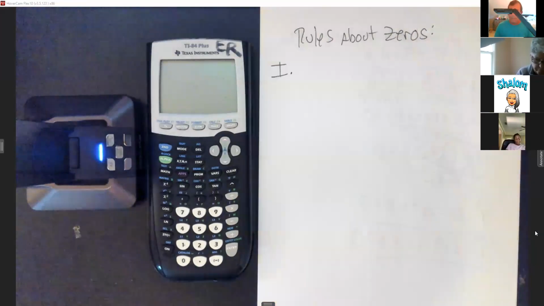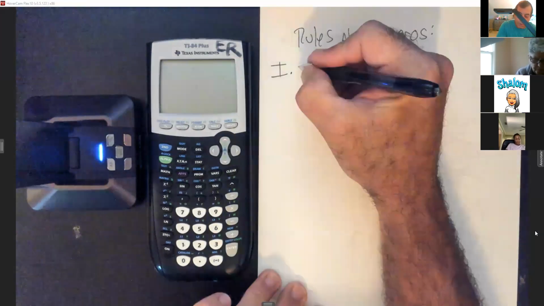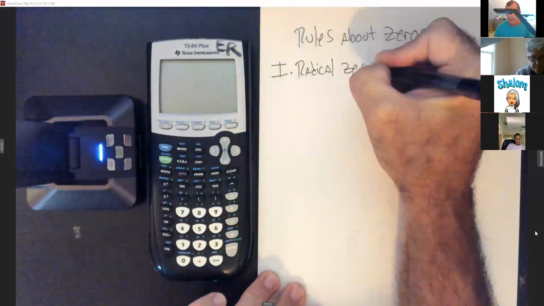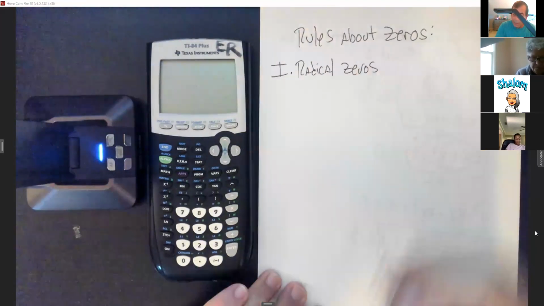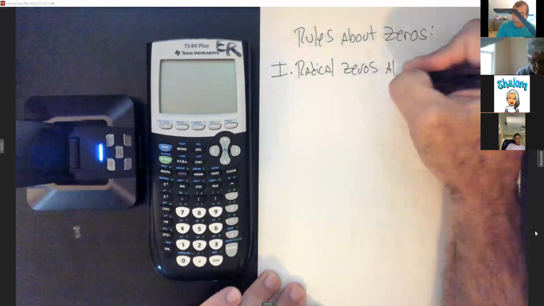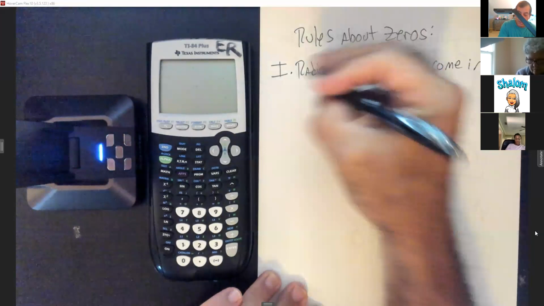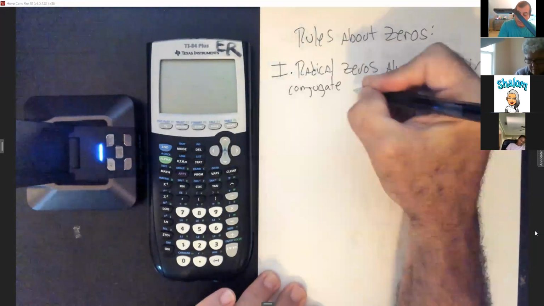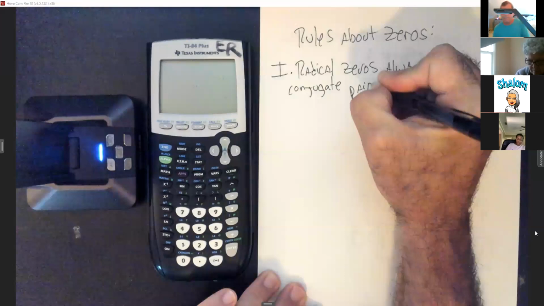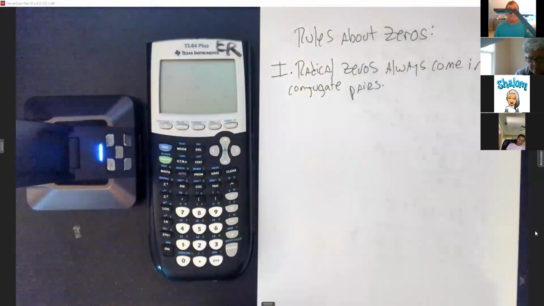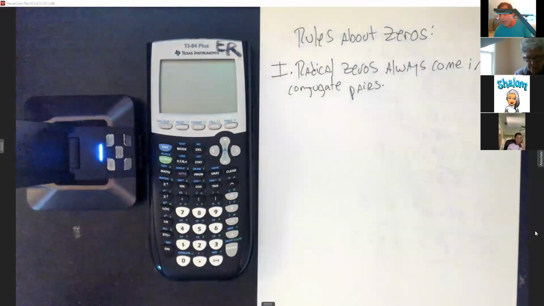So the first rule is that radical zeros always come in conjugate pairs. And y'all been seeing that, the negative square root of 5 and a positive square root of 5. And then a while ago I had, I think, a 3i and a -3i.